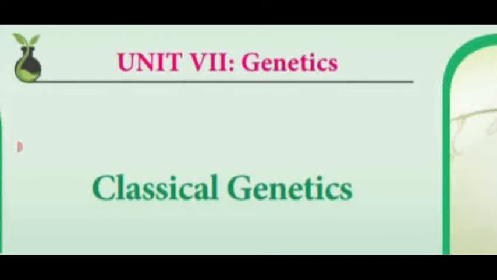So the interaction takes place between two different genes of different loci with different alleles. They give the F1 generation in heterozygous condition, capital W small w, capital G small g.